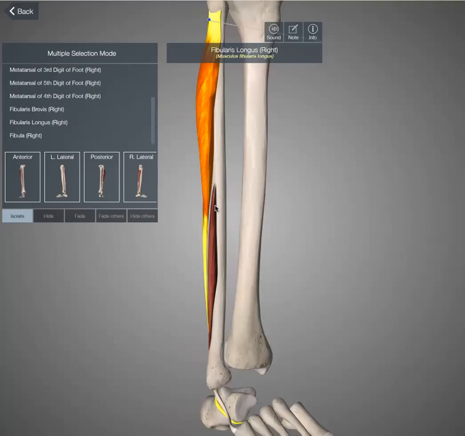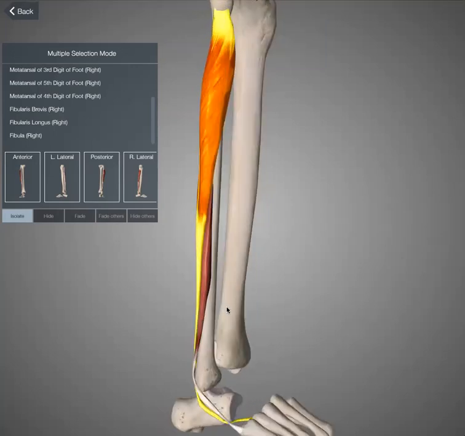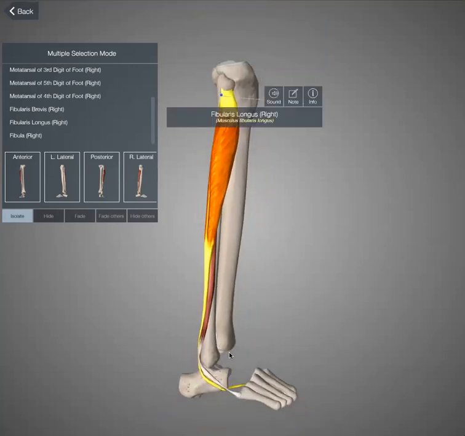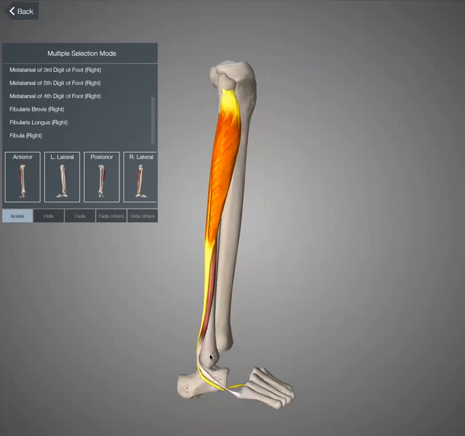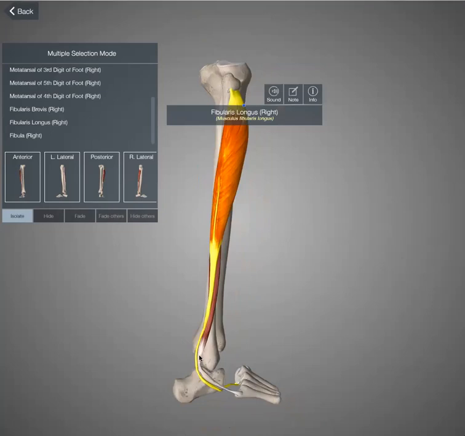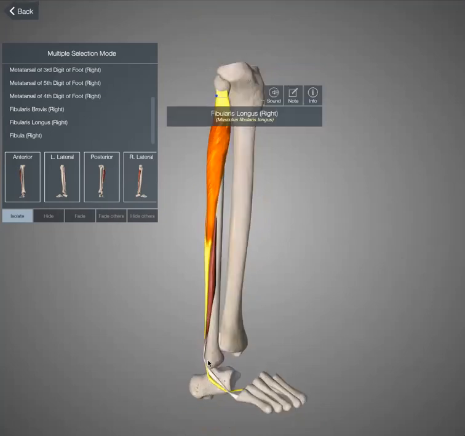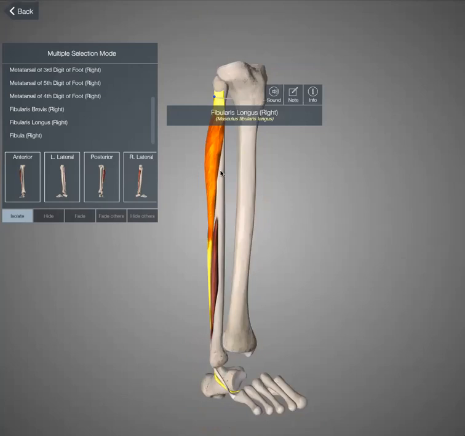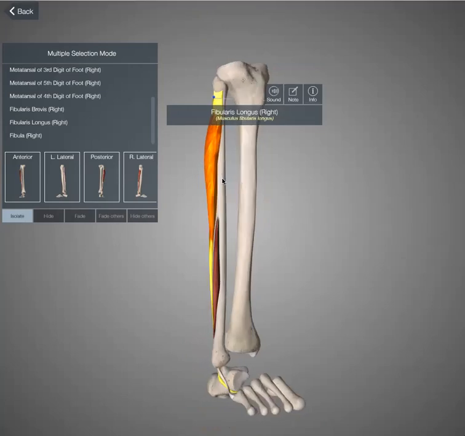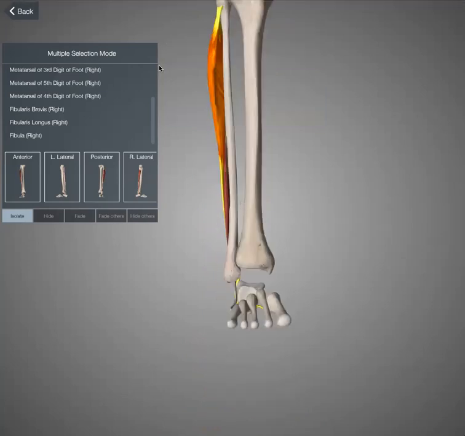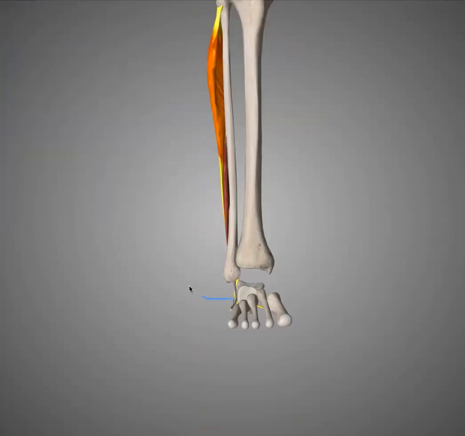Then it forms a tendon, and this tendon will end at the base of the fifth metatarsal. Make sure to know that it travels posterior to the lateral malleolus. And the action here is that it will cause eversion of the foot. It is also innervated by the superficial fibular nerve.